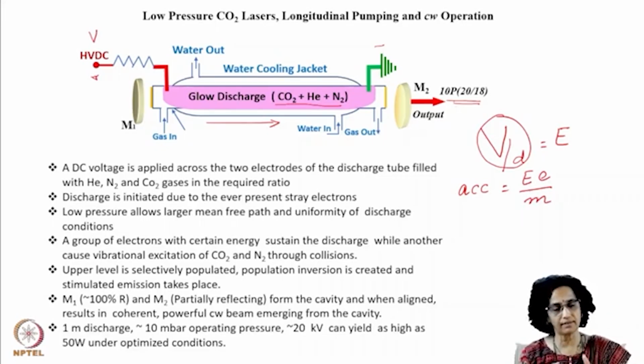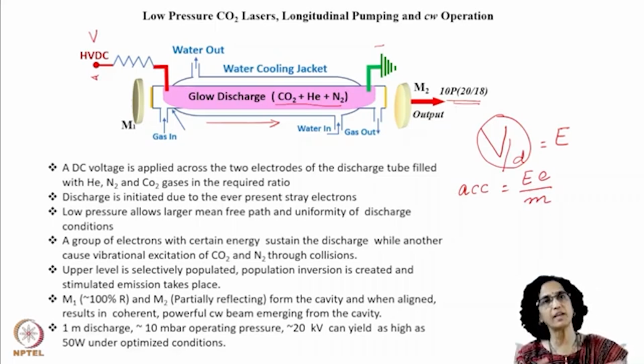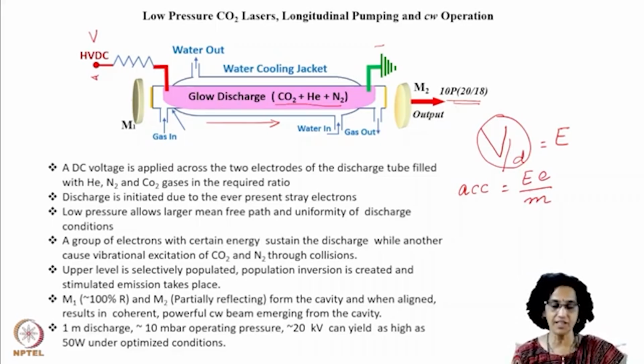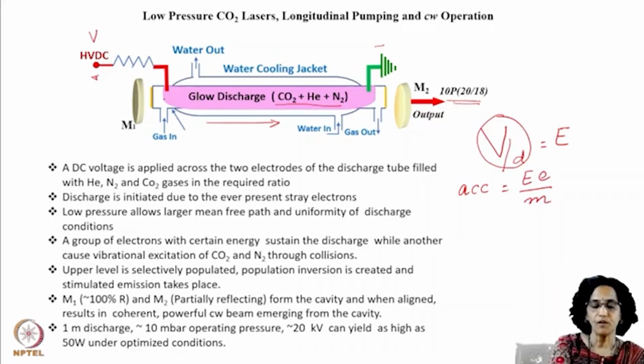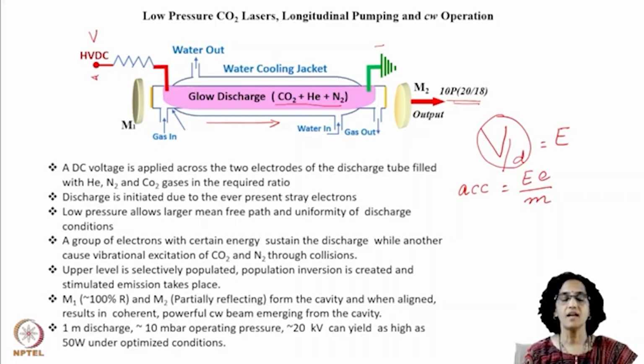When they cause ionization, more electrons are created. These electrons get accelerated, energized, and create more electrons. So this creates an avalanche, and therefore a current starts flowing from the positive electrode to the negative electrode. And we say that the discharge is struck.